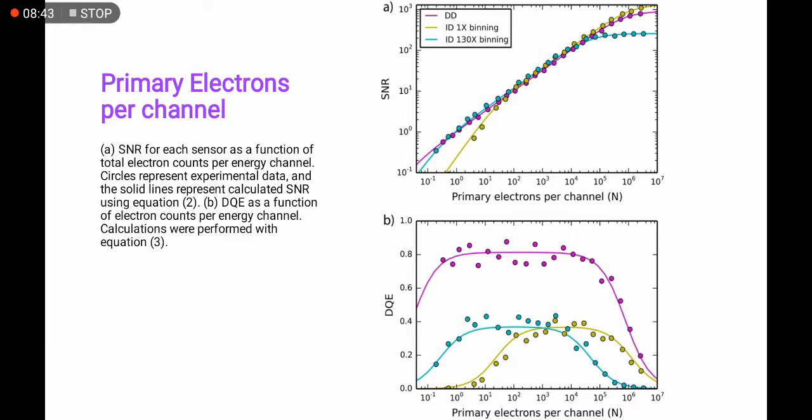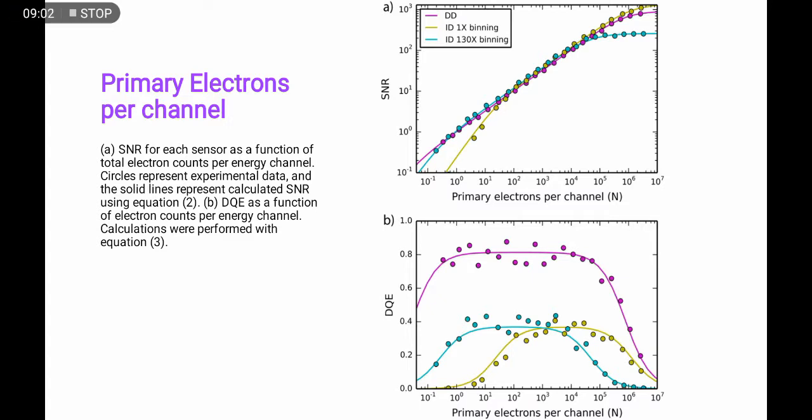While not immediately obvious in the SNR data, the reduction in noise offered by the DD sensor dramatically increased spectrum quality. To quantify this improvement, we evaluate DQE for each EELS sensor.